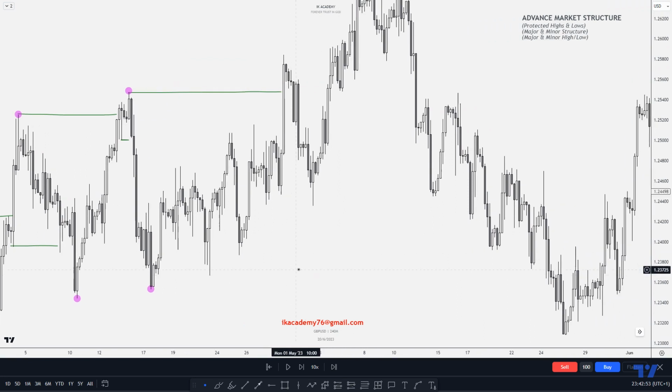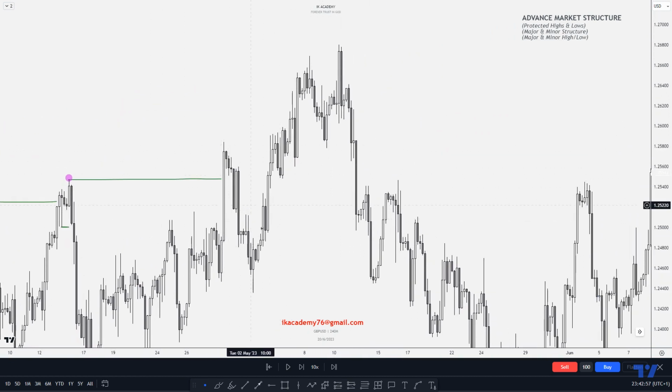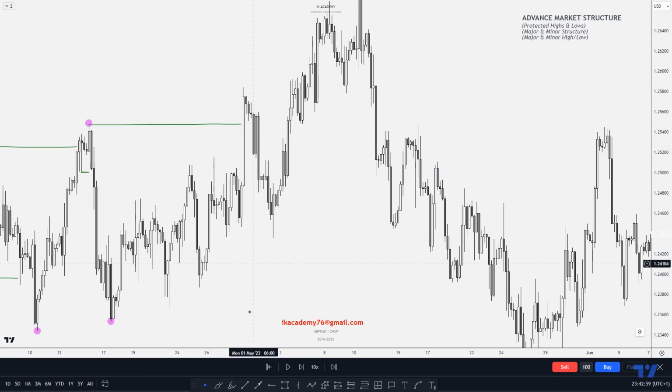So let's continue. So you have price printing, now price broke structure, took out this pullback as an inducement here. So we have the inducements at this point, and then let's say break of structure.